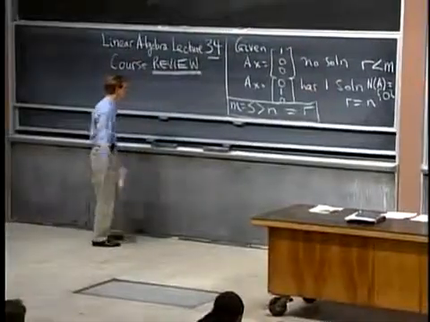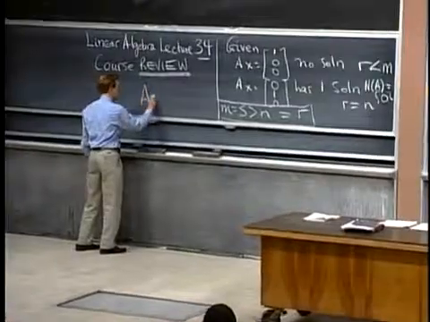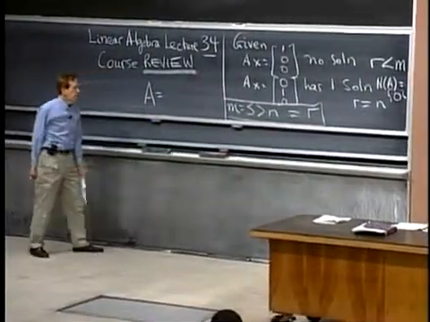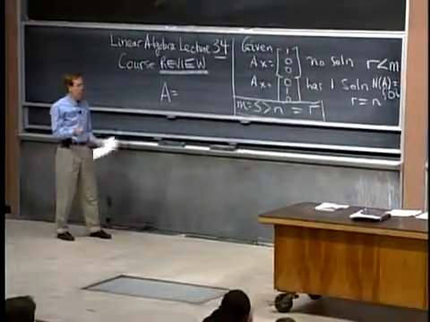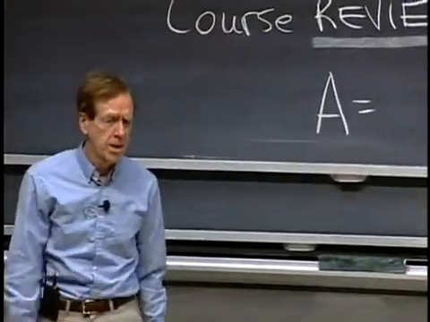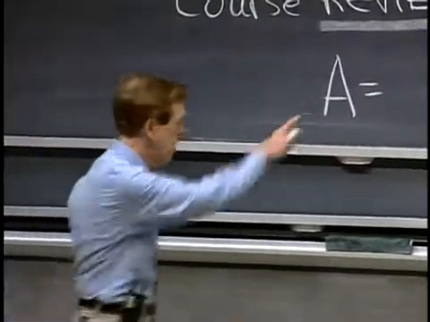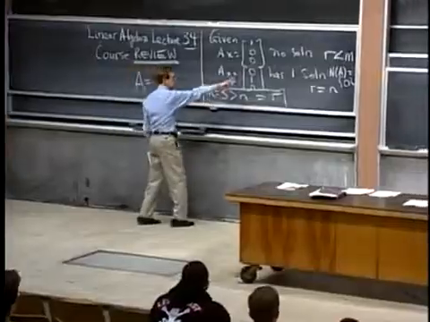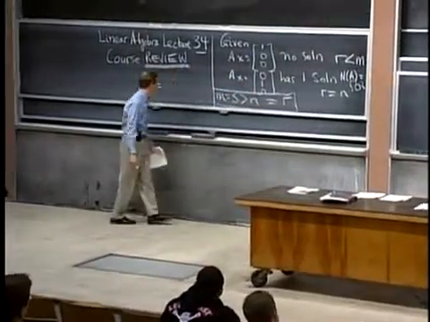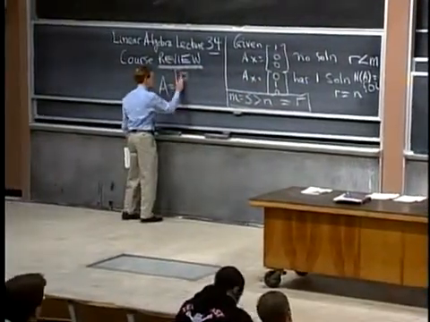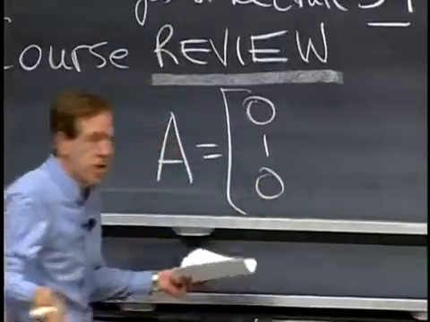Anybody want to suggest a matrix that does that? Let's see. What vector do I want in the column space? I want 0, 1, 0 to be in the column space because I'm able to solve for that. So let's put 0, 1, 0 in the column space. Actually, I could stop right there.